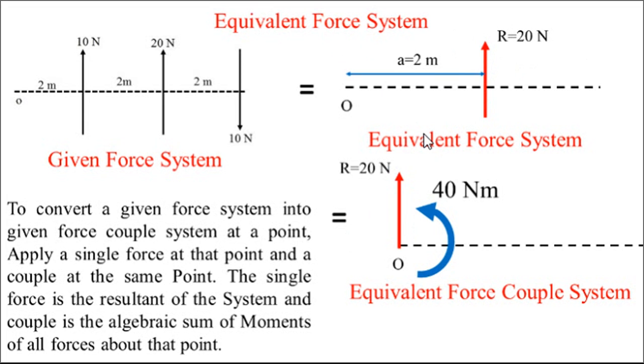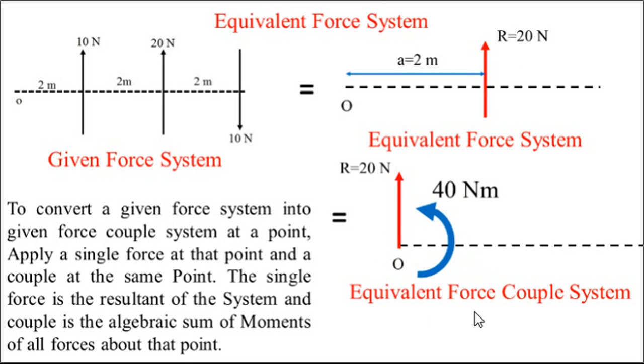To show the same effect on the body, I will take its effect at this particular point. The magnitude I have replaced, but its moment about O will be produced: 20 into 2, rotating anti-clockwise. 20 into 2 will be 40 Newton meter, which I will show with this anti-clockwise arrow like this.